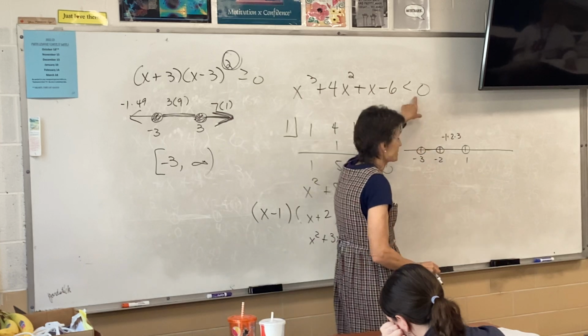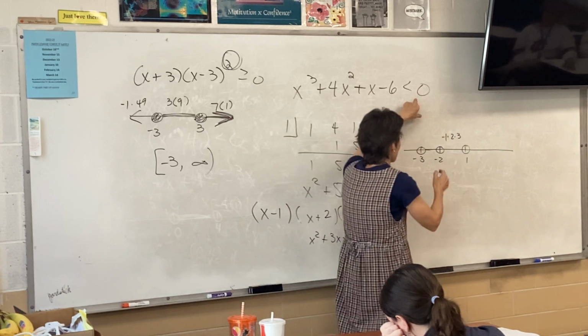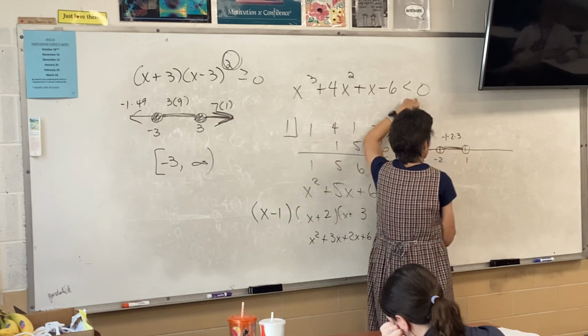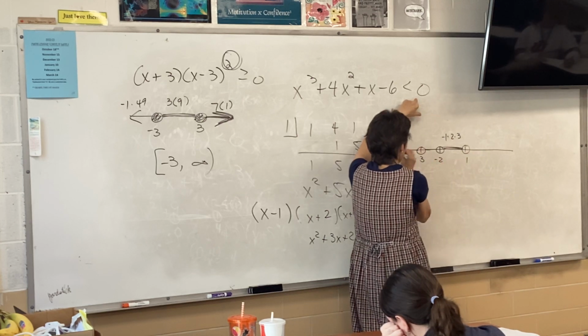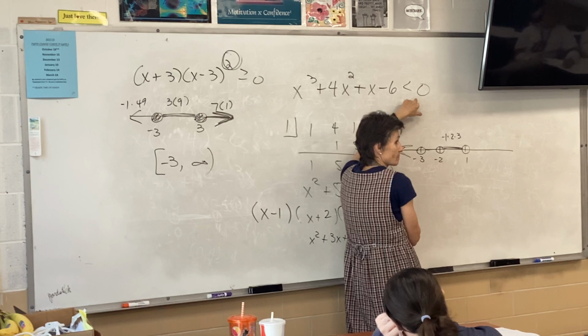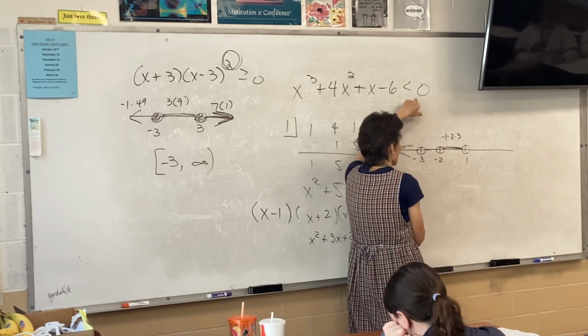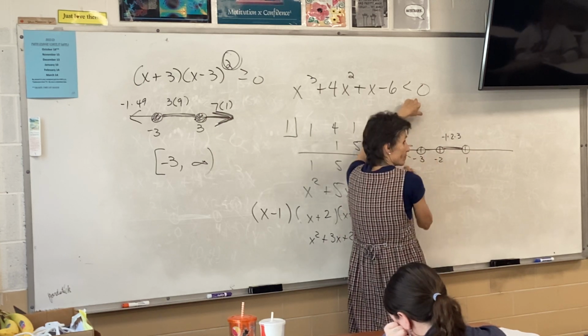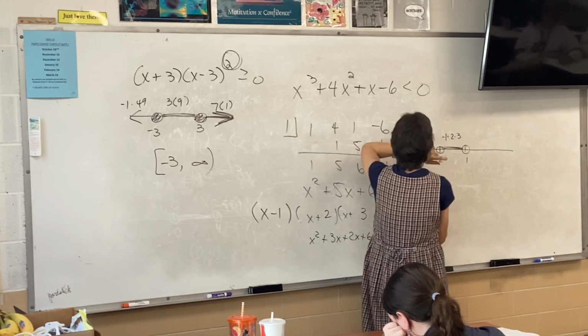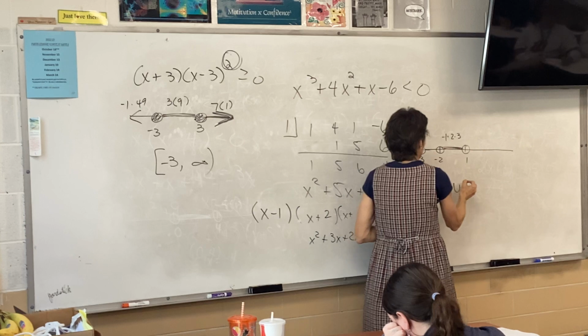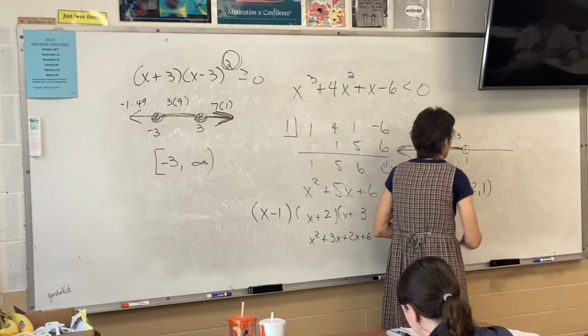Is -6 less than 0? So I'm gonna shade that part. Don't shade, do shade, don't shade, do shade. So -infinity to -3. Are my dots open? Yep. And -2 to 1.